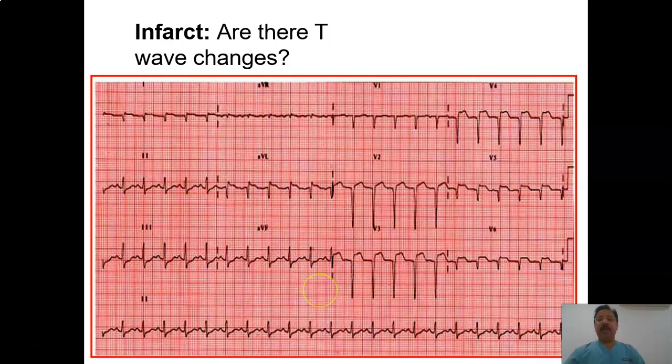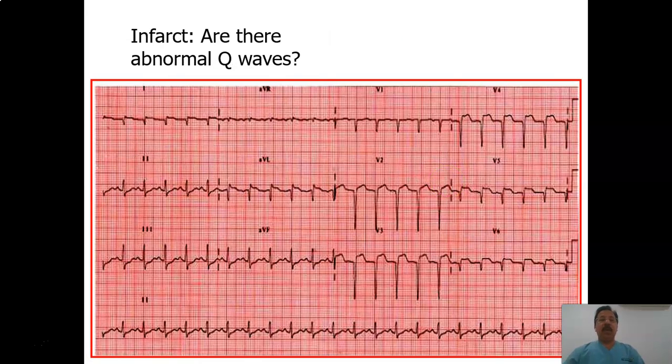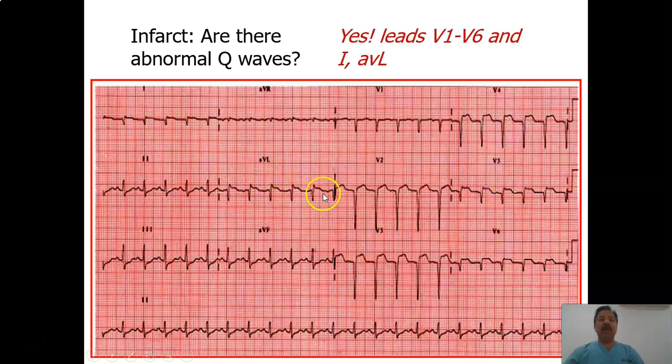Any T wave abnormalities on this ECG? Any T wave inversions? Not really. Any abnormal Q waves? Yes, you can see them in lead 2, V2, V3, V4, V5 and V6, and 1 and aVL.